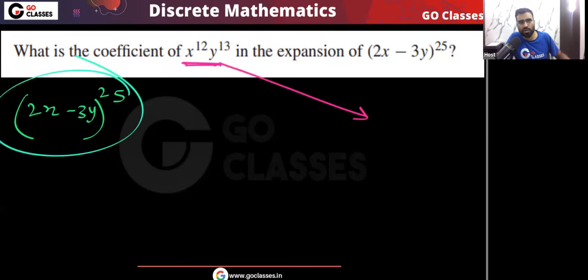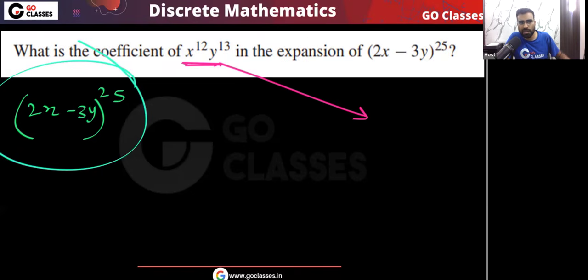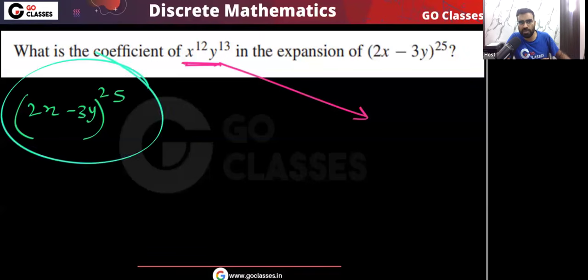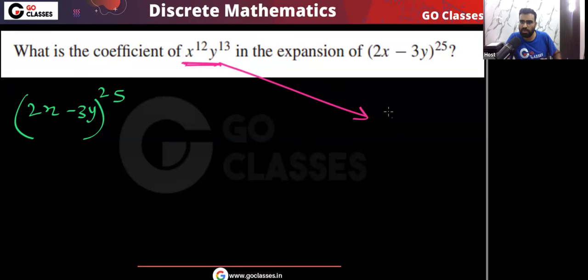Because remember, in the expansion, every term will have 25 a's plus b's. Basically, in every term, the number of a's plus number of b's should be equal to 25. Or I can say the summation of exponents of a, b should be equal to 25. So here you can see the summation of exponents of x, y is equal to 25.